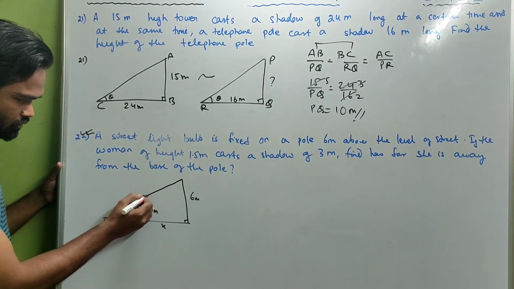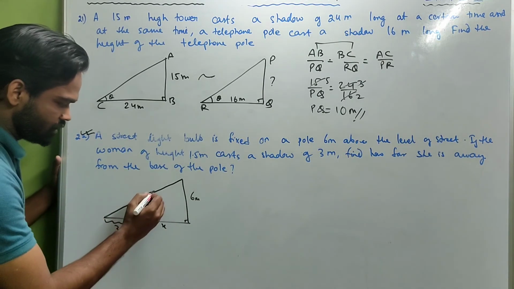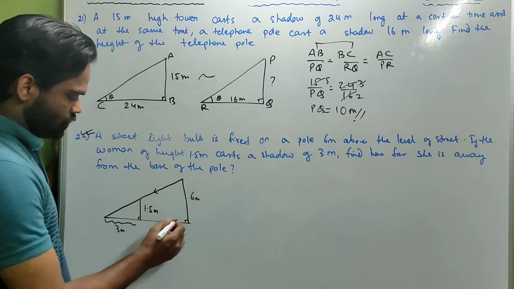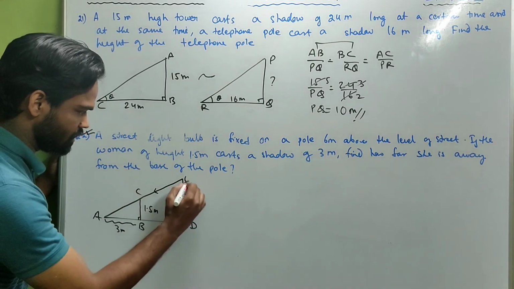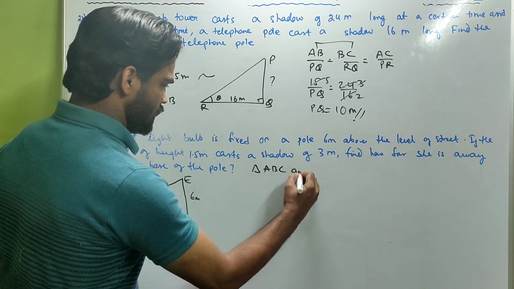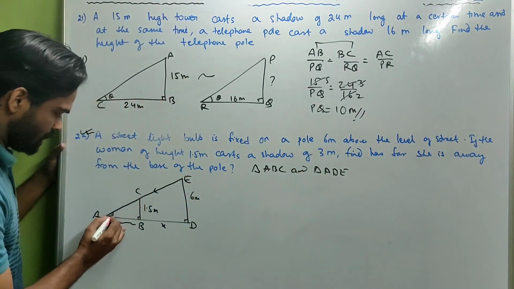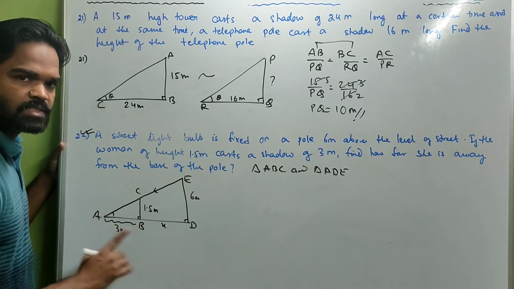So of course, rectilinear propagation of light travels in straight line, isn't it? There was this bulb. So if you look at A, B, C, D, E, look at triangle A, B, C and triangle A, D, E. Angle A is common and angle B is equal to angle D, which means they are similar.